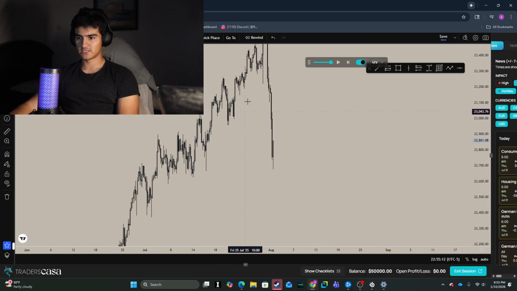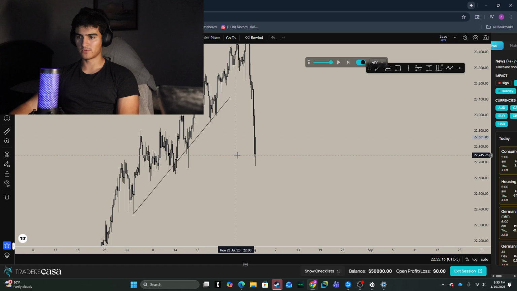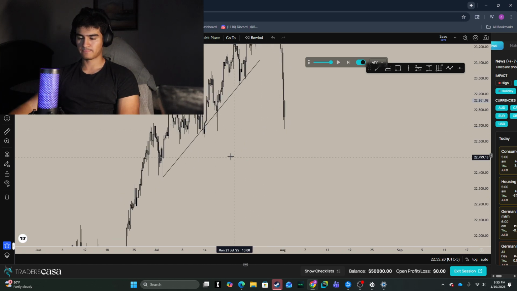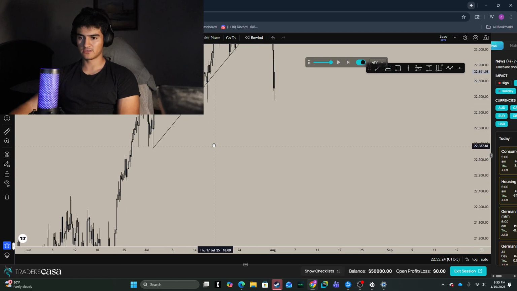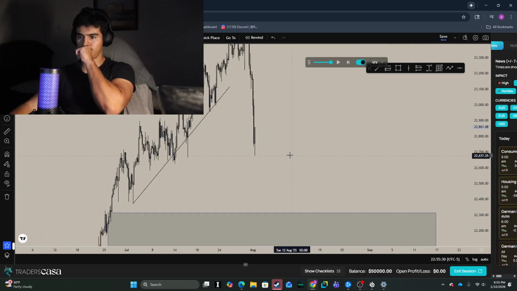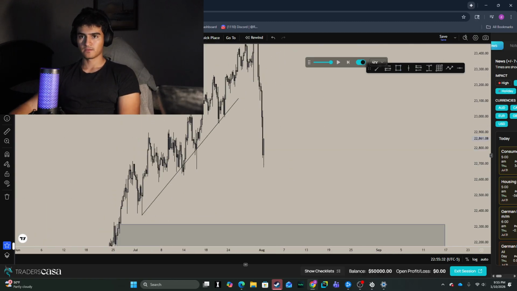We just have this trend line liquidity here, nothing really important. I don't see a major confluence here that could really change the market. I would really just expect the market to come down here and just drop from here.